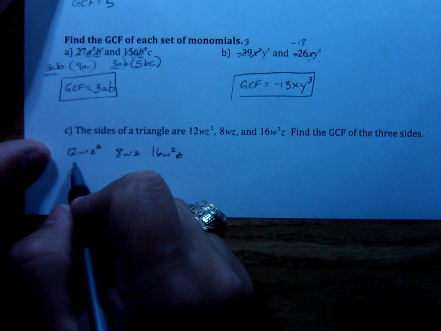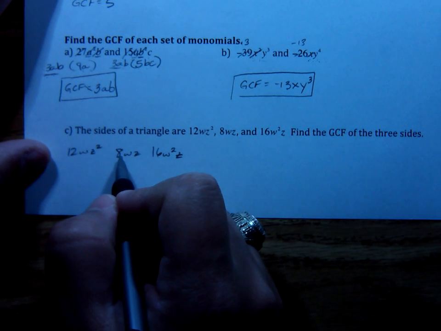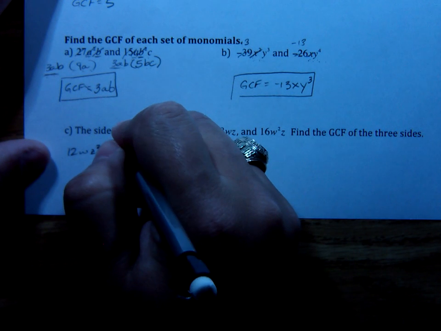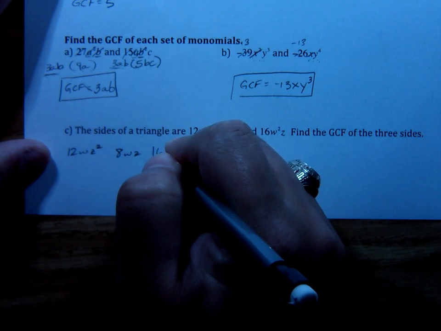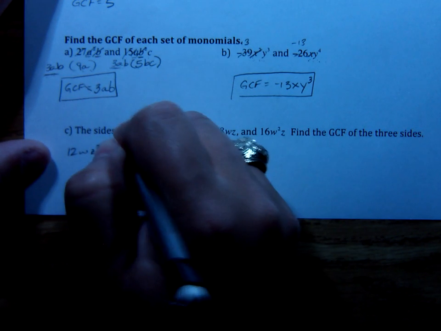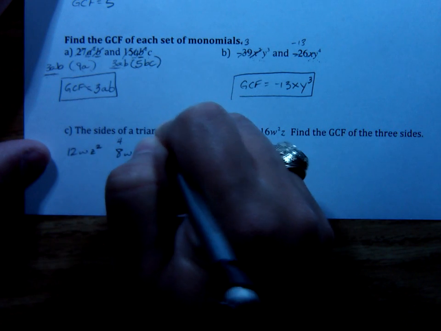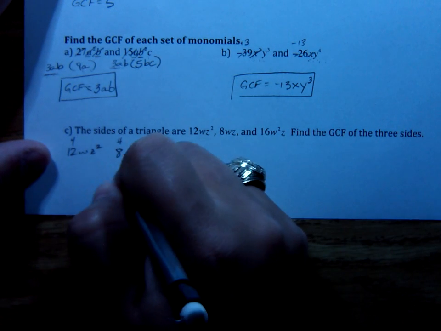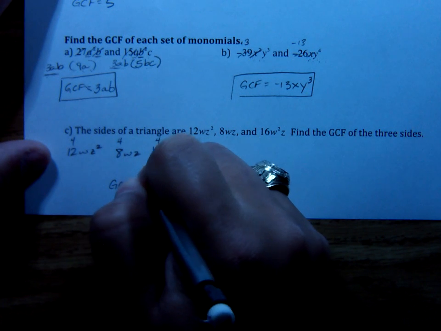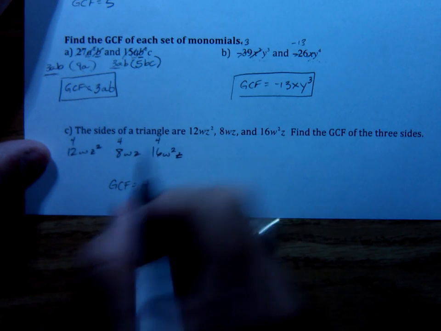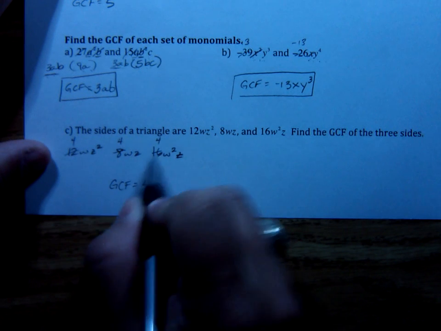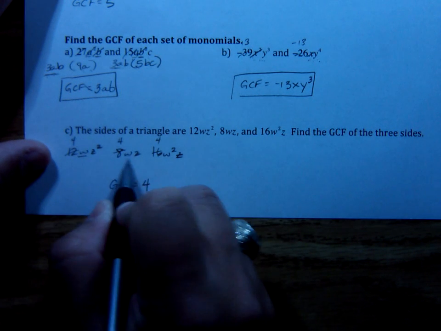So go down. What's our next highest factor for 8? It's 4. Does 4 go into 16? Yes. Does 4 go into 12? So 4 goes into all of these. So our GCF starts off with 4. Do they all have a W? They have a W. 1 there, 1 there, 2 there.